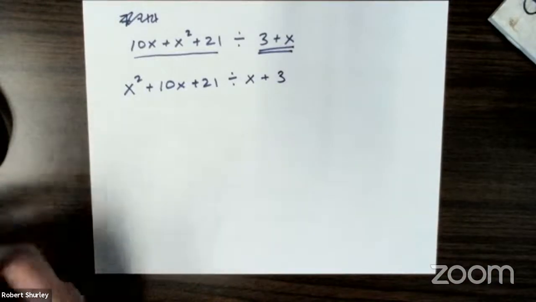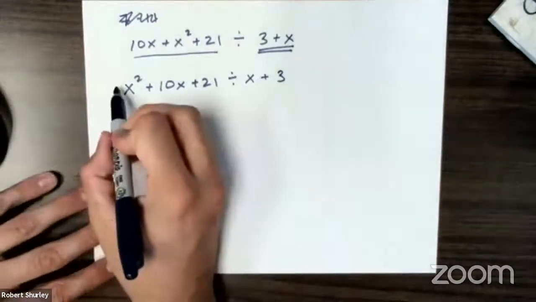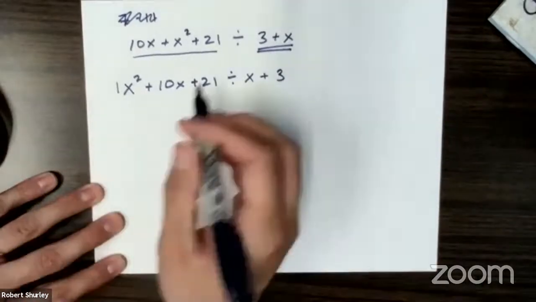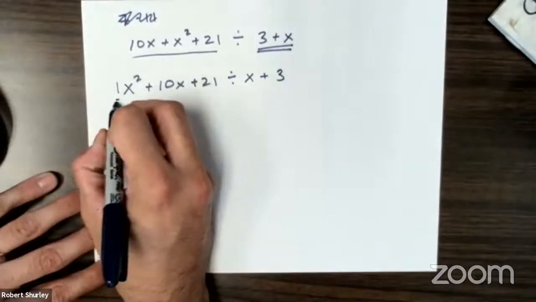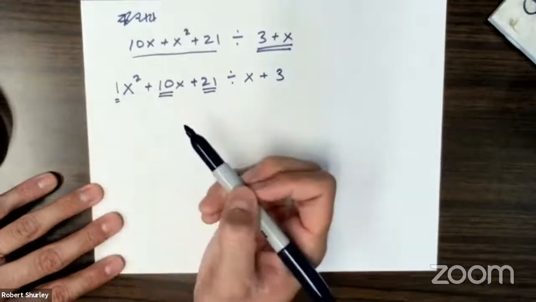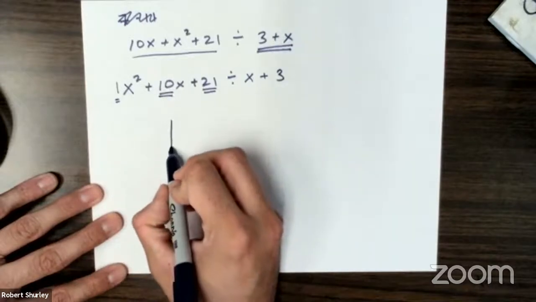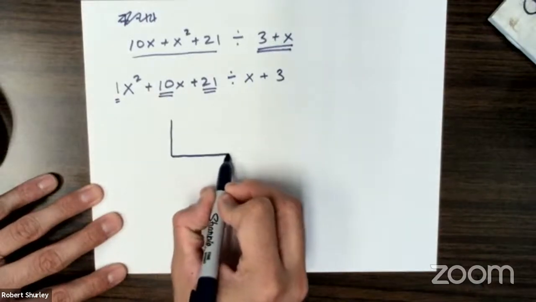Now, what we're actually going to do here, we're going to pull out the coefficients. So if you think about this, I'm going to write the 1 here because it's a coefficient. The coefficients, I should say, of the dividend are 1, 10, and 21. So I'm going to draw a little kind of L shape.